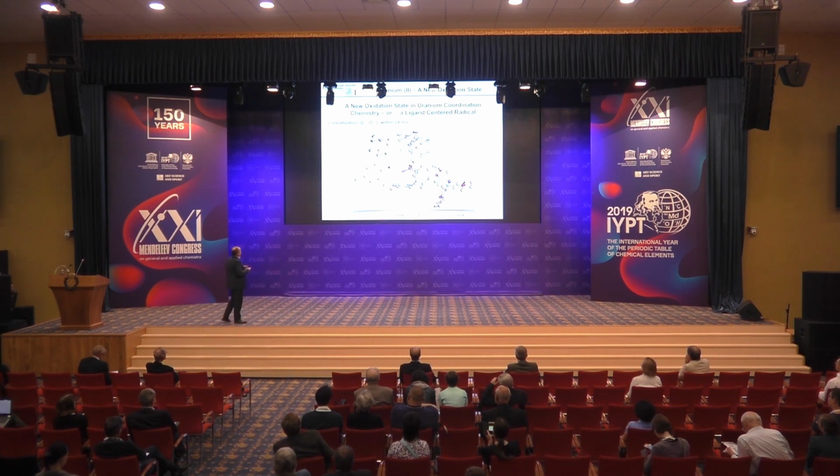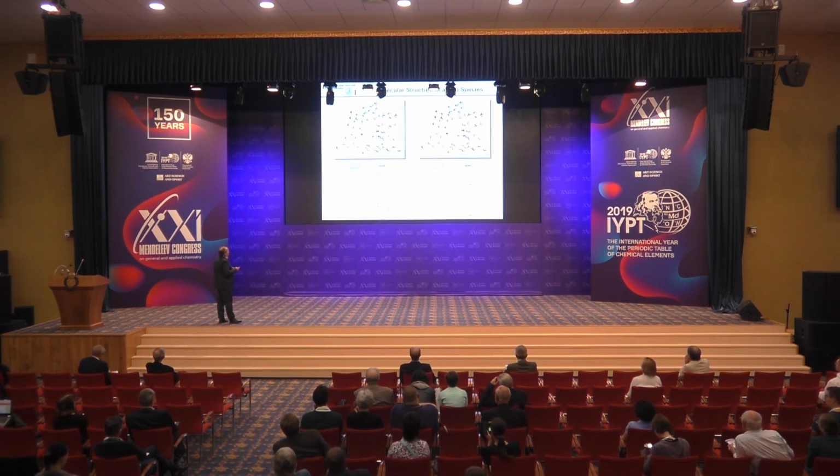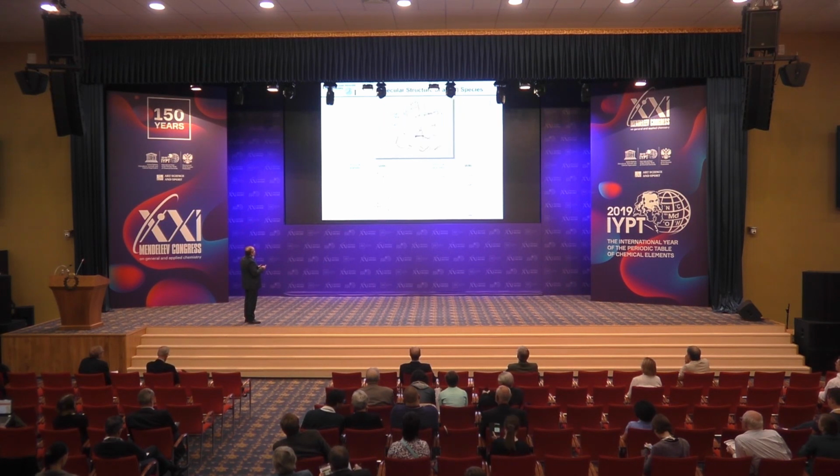Now, this is the molecular structure, and in order to prove that it really is a new oxidation state, we compared the uranium-3 precursor with the uranium-2 reduced species. We overlaid this, and what we see, without going into great detail, is that the uranium-oxygen bond distances get longer, and the uranium-arene distance gets shorter because we now have increased delta backbonding.